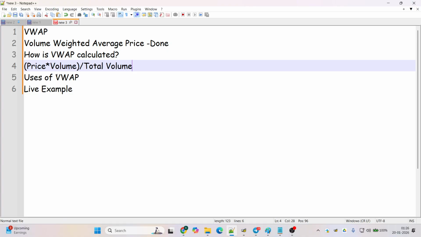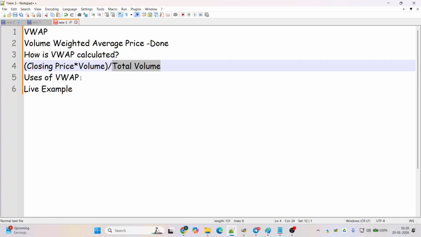So the factors are the closing price, and on that particular candle, what is the volume. Both of these are multiplied and divided by the total volume as of that particular time of trading.